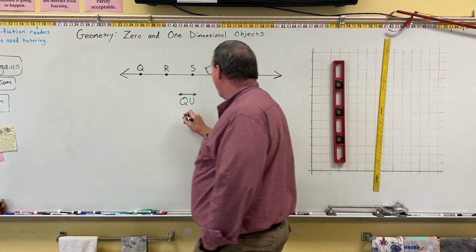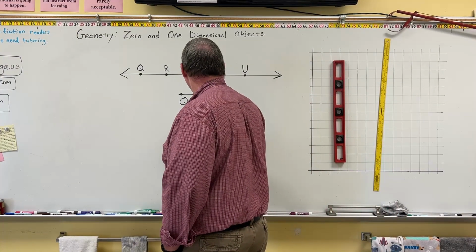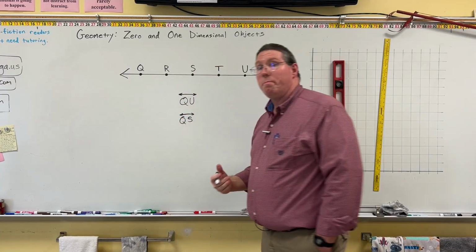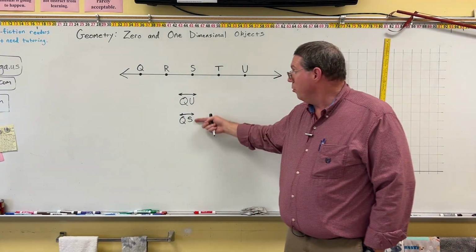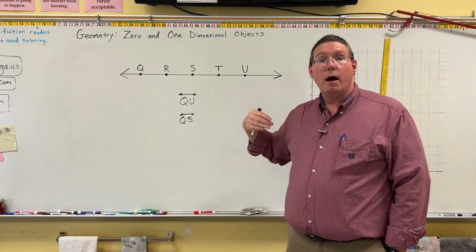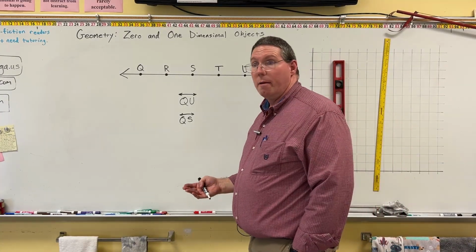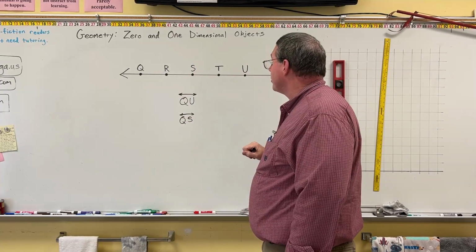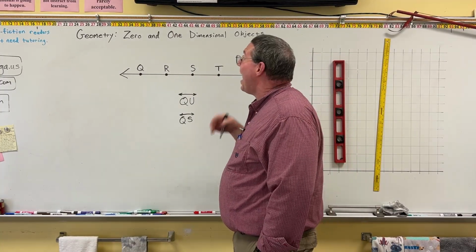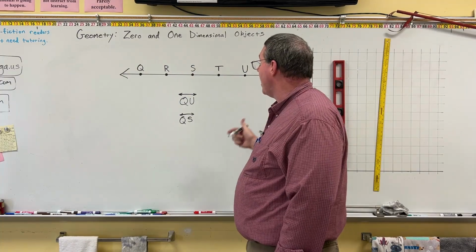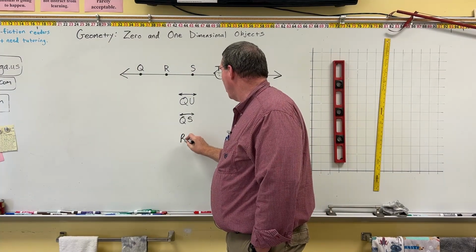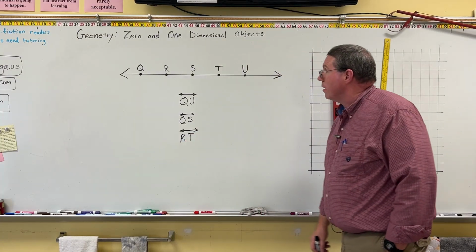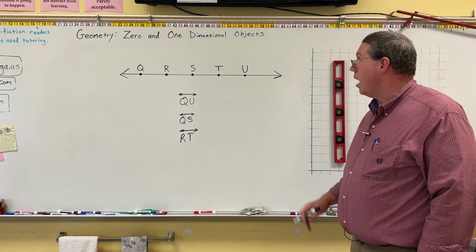But if I were to call this line QS, it would be the same line. These two are the same thing. We can name them differently, but because lines go infinitely in both directions, you can pick any 2 points on the line and name it. We could also call it line RT. These are the exact same thing. They are the same line.